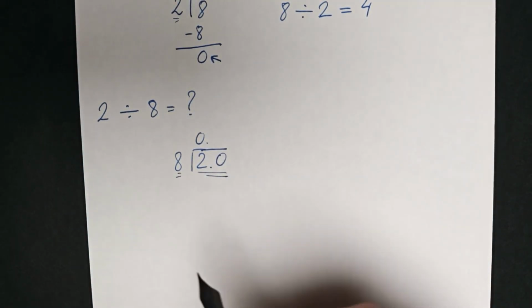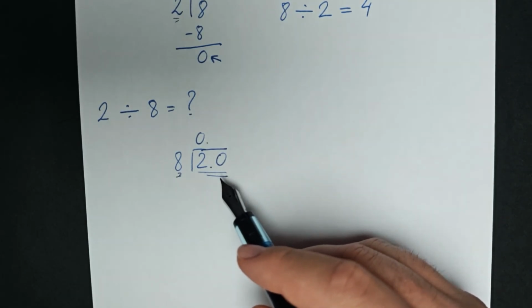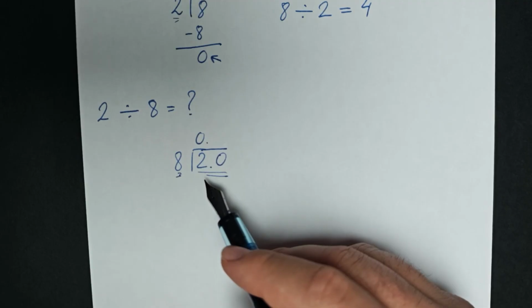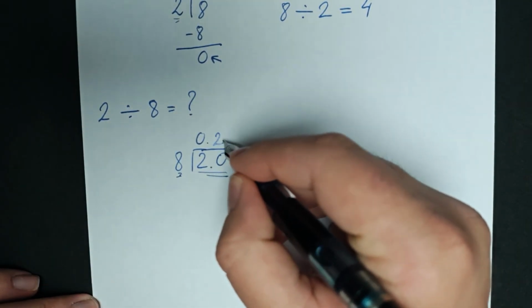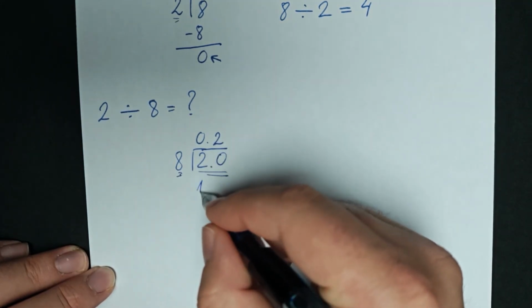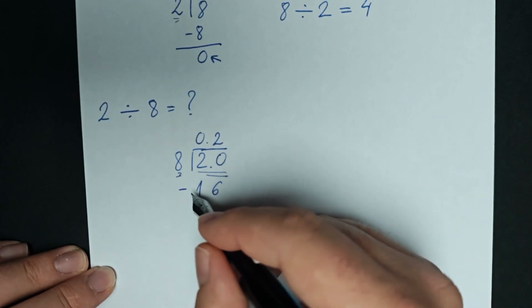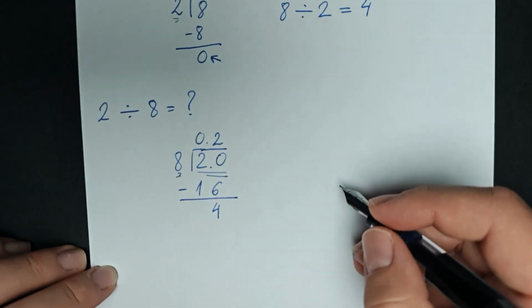How many times does 8 go into 20? 2 times, because 2 multiplied by 8 is 16. So we are going to put number 2 here, and then 2 multiplied by 8 is 16, and we are going to subtract that, which is going to give us the value of 4.